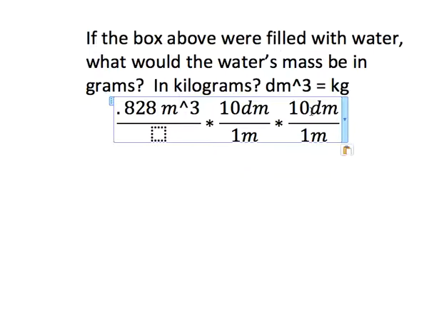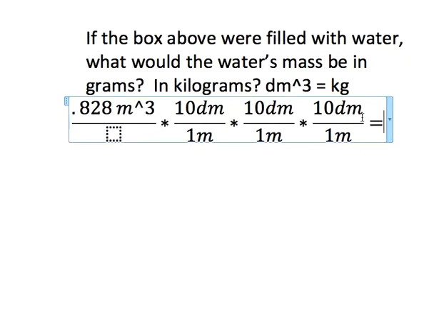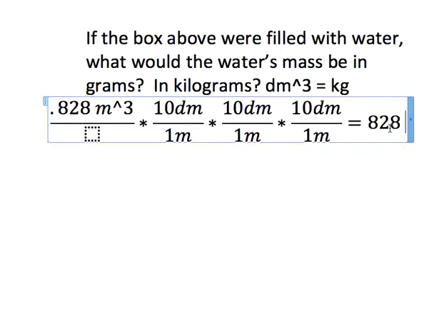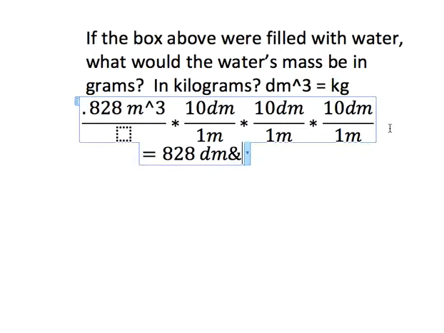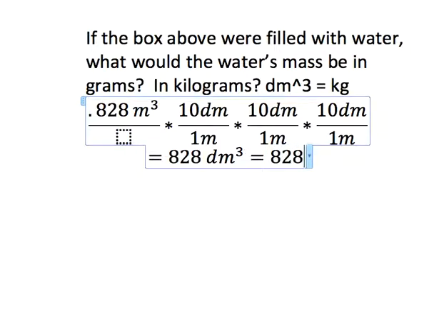So there's 2 meters down, 3 meters down. Okay, so I have 0.828 times 10 times 10 times 10. So that gives me 828 decimeters cubed. Okay, that also means a decimeter cubed is equal to a kilogram. So that means I have 828 kilograms.